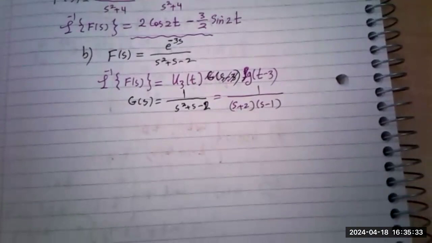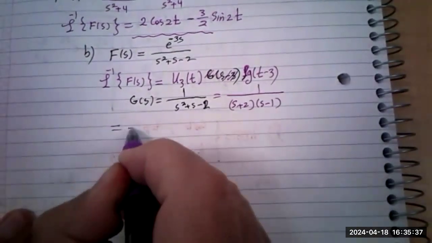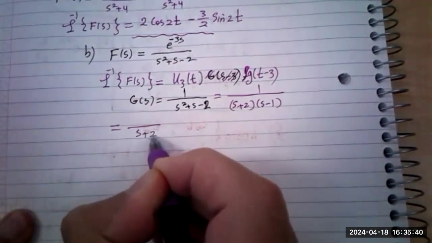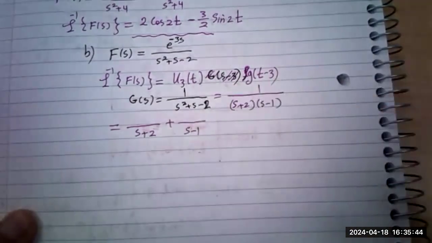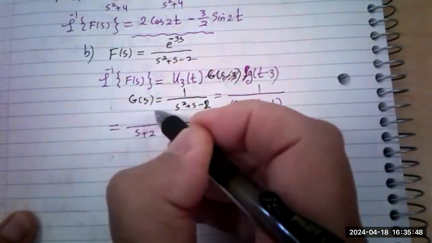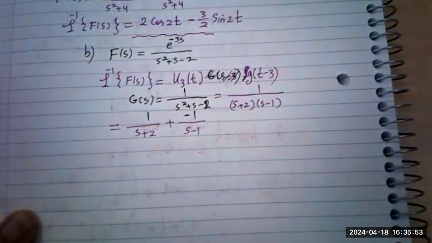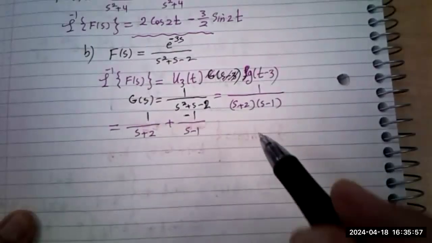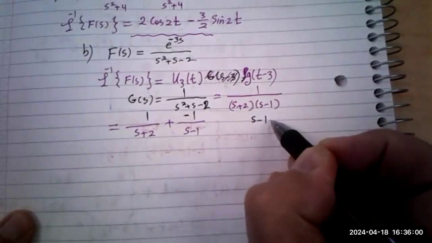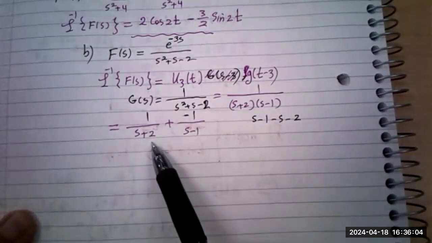Since it's factorable, you have to do the partial fraction. The short form is going to be, over s plus 2 and over s minus 1, two opposite numbers on the top. It doesn't matter what they are. So I put 1 and negative 1, or negative 1 and 1, doesn't matter. Now we check it. If you find the common denominator, the top would be s minus 1 minus s plus 2.